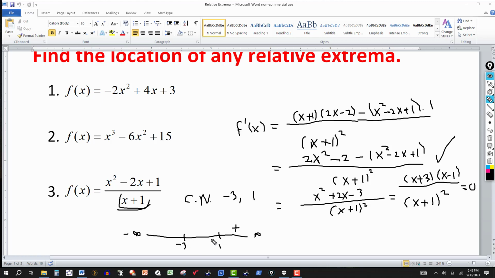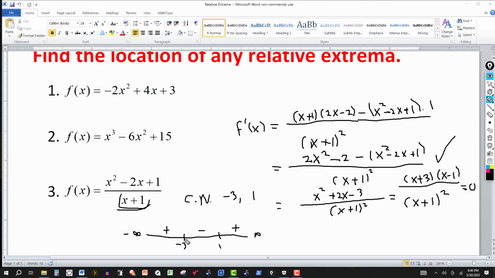Between negative 3 and 1, say pick a 0. Comes out to a negative. Pick a number less than negative 3, say negative 4. Negative 4 plus 3 is negative 1, and negative 4 minus 1 is negative 5. A negative times a negative is positive. So it's positive in here.